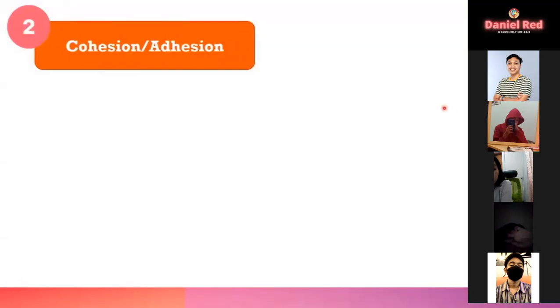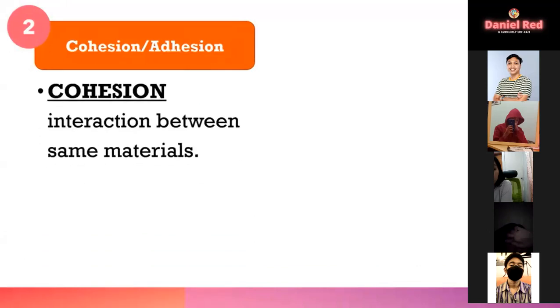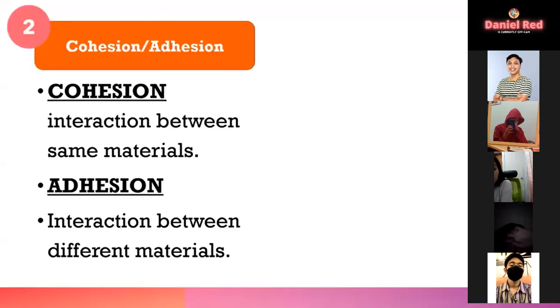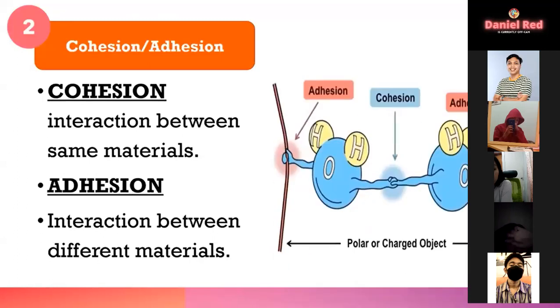Number two is cohesion and adhesion. Cohesion is the interaction between the same materials, while adhesion is the interaction between different materials. If we put an illustration to this, it will look like this. You have water molecule 1 and water molecule 2.